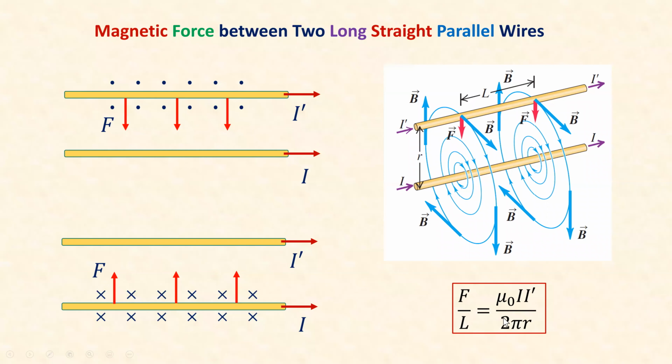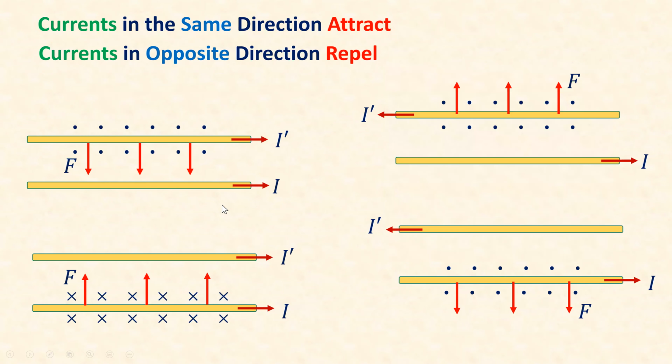Actually, this is just B L I, because one of them creates a magnetic field, and the other one that has current in the magnetic field feels a force, and vice versa. So when the two currents are in the same direction, they attract each other. And if the currents are in opposite directions, they repel each other.